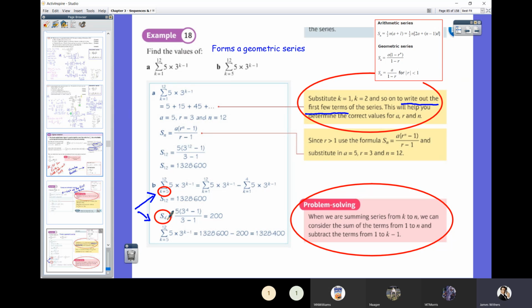Now be careful: you substitute in 4, not 5. We do want term 5, so we don't want terms 1, 2, 3 and 4. So for part B, work out the sum for the first 12 terms, work out the sum for the first 4 terms, not 5, and then subtract one from the other. And I think, folks, that's it.